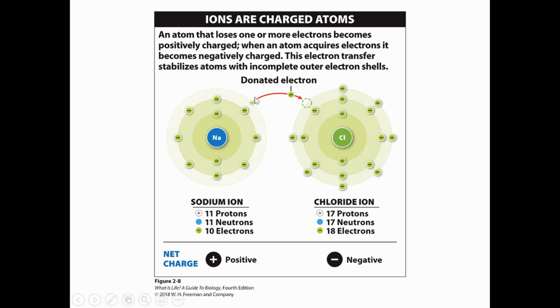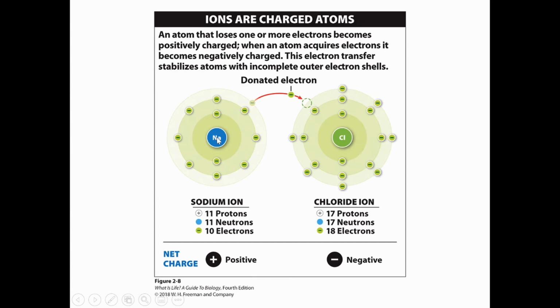So sodium is going to give this electron away to chlorine, which has 7 electrons in its valence shell and only 1 vacancy. By giving that electron to chlorine, sodium satisfies its outer shell, and chlorine has the donation to fill in its outer shell. So everyone's happy.